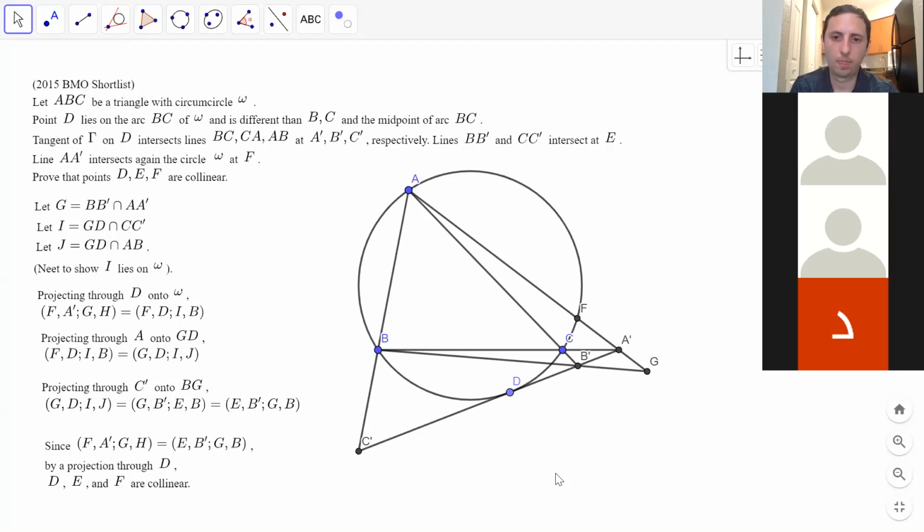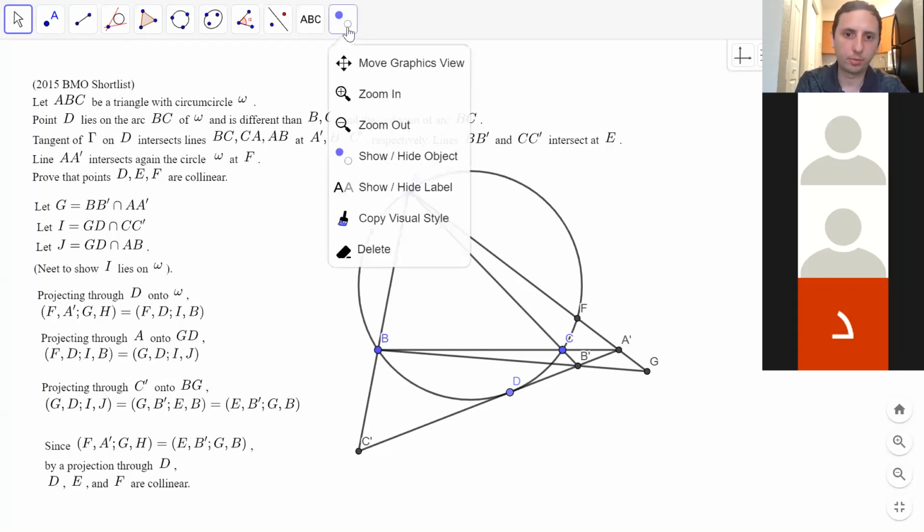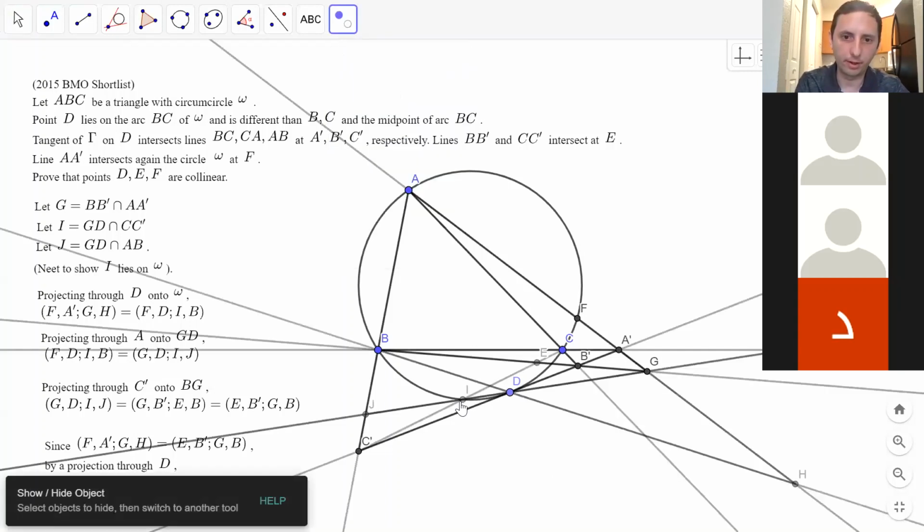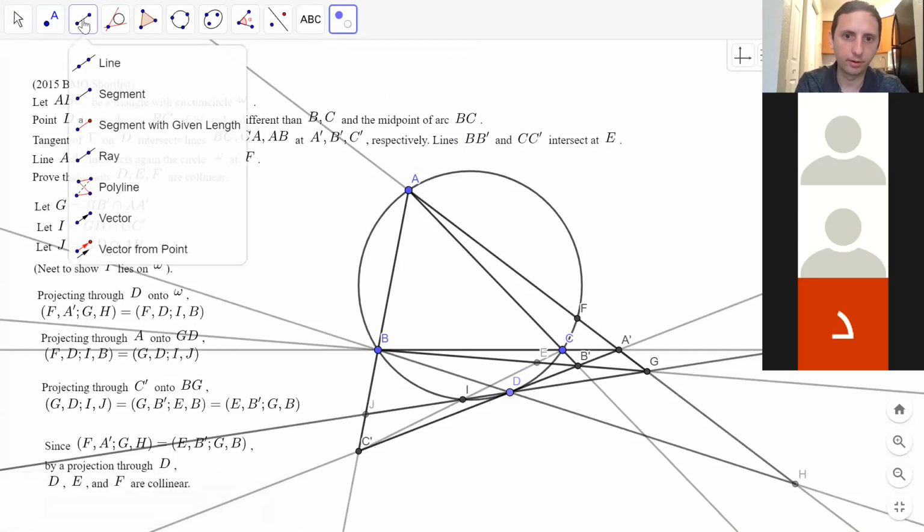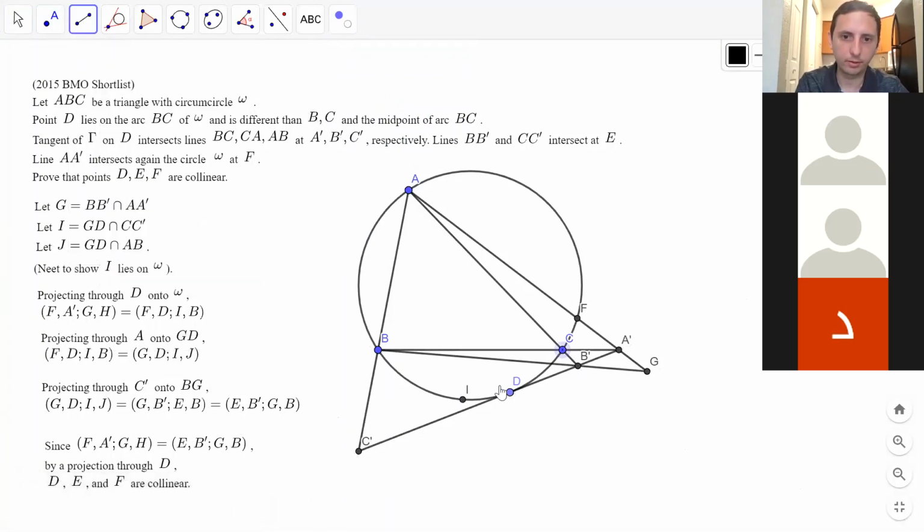So yeah, I don't know if you could use the SARS or something. Maybe I could just let CC prime meet the circle at I, and then I try to show that G, D, and I are collinear.